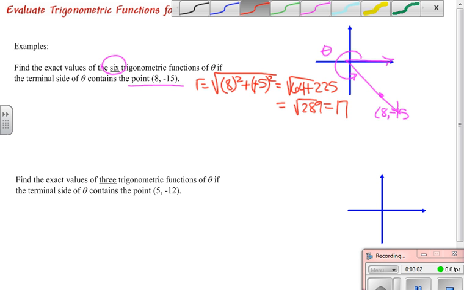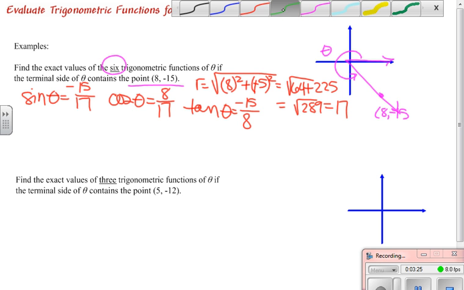So now it's a matter of the sine of theta is y, negative 15 over r. Cosine of theta is x, 8 over r. Tangent of theta is opposite over adjacent. It is negative 15, y over x.